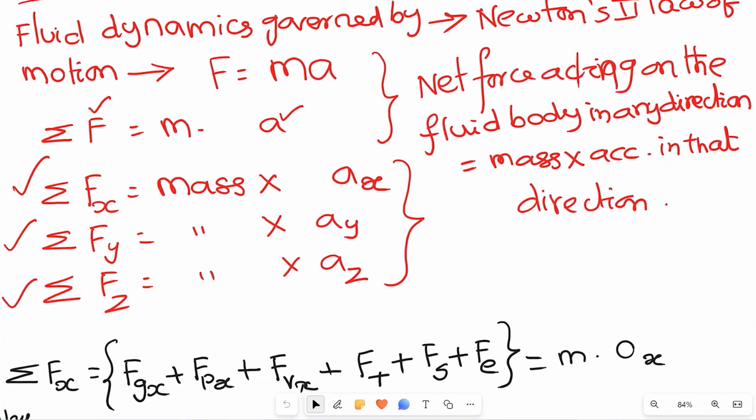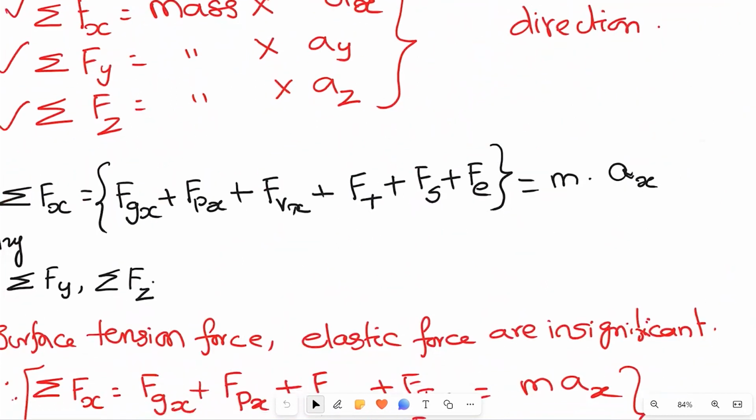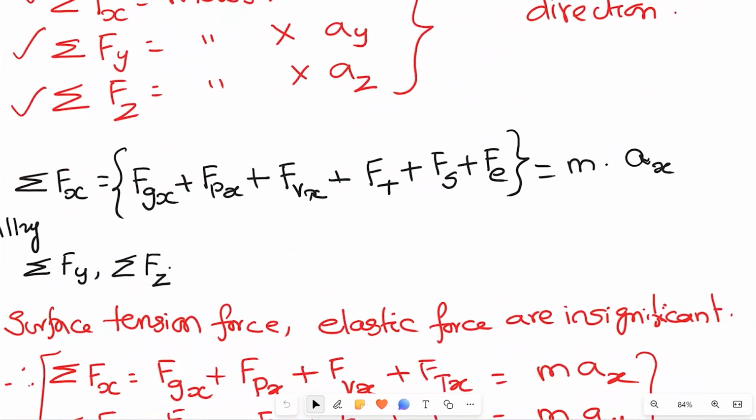Now if I move forward in the same way, we can write sigma Fx. In the x direction, what are the various forces? Sigma Fx is equal to the gravity force component, pressure force component, viscous force component, then turbulent force component, surface tension force component, and elastic force component.